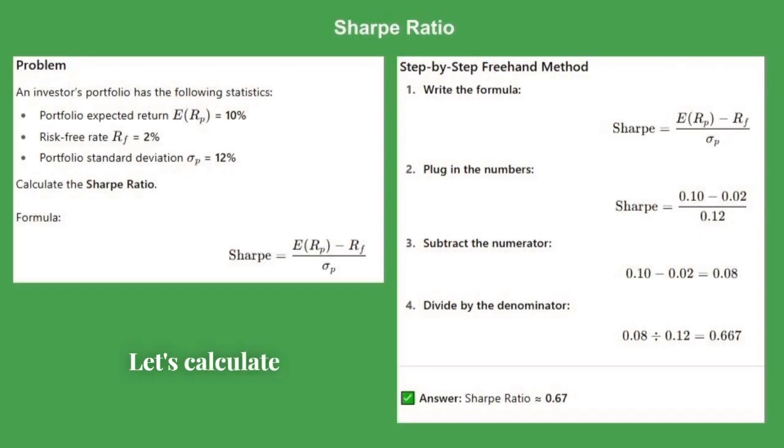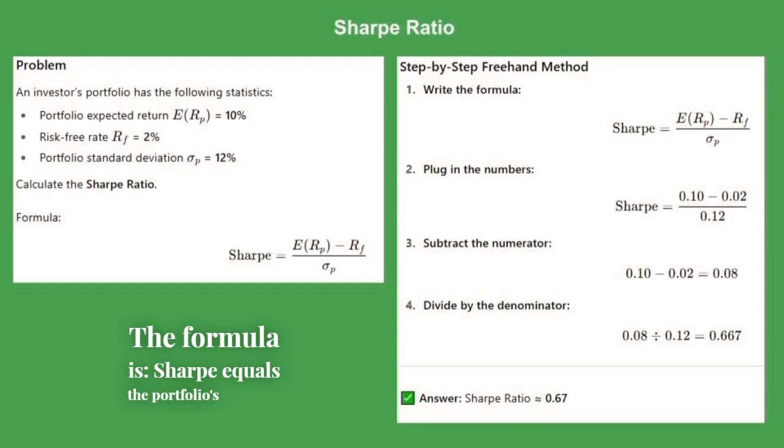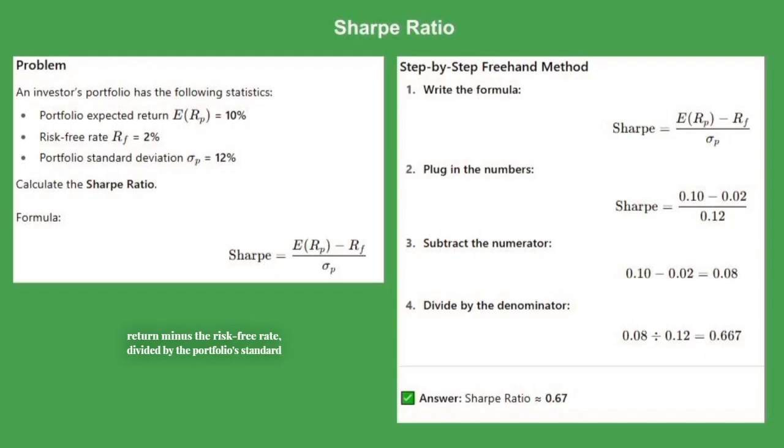Let's calculate the Sharpe Ratio. The formula is Sharpe equals the portfolio's expected return minus the risk-free rate divided by the portfolio standard deviation.